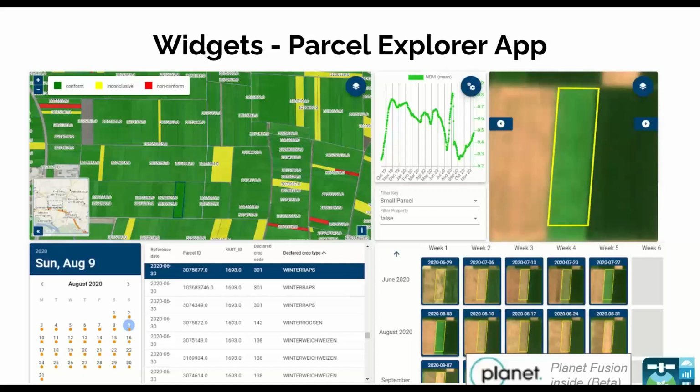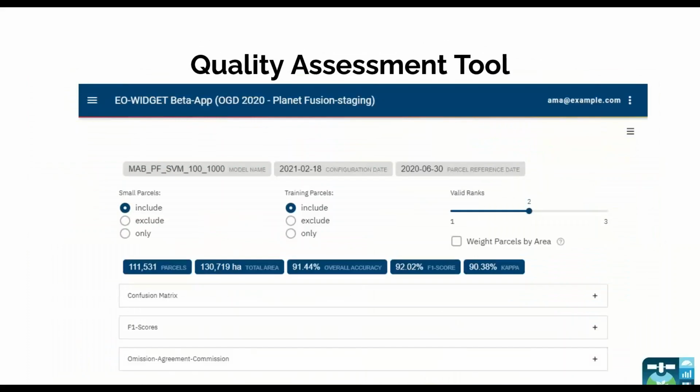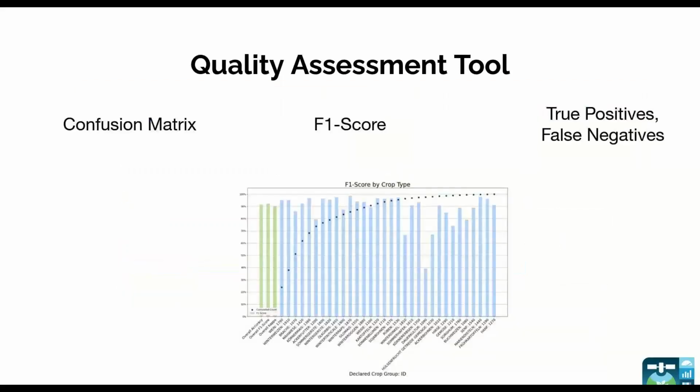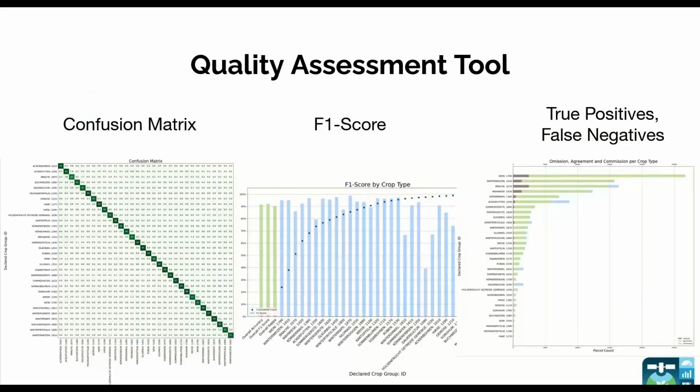On the next slide, integrated with this Parcel Explorer app, you see the entry page to the quality assessment tool, which allows the experts to call up information for judging the quality of the monitoring products that are provided for the paying agency's territory and growing season. And on the next slide, we give you an impression on the elements of this tool.